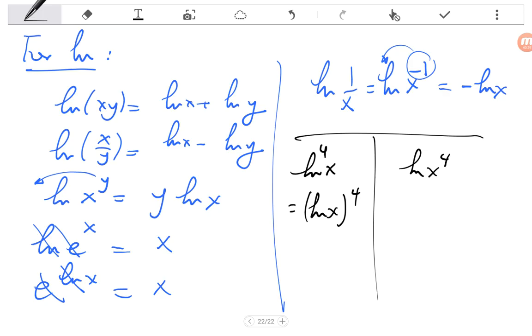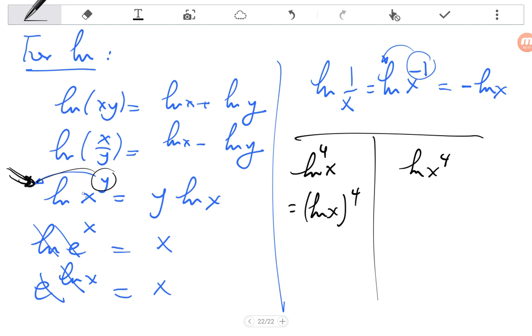What about this case? In this case, we have just learned that we can take an exponent. Yes, so in this rule, the exponent is on the x, it is not on the ln. There is a difference between having the exponent on the ln itself or having the exponent on what is inside the ln.